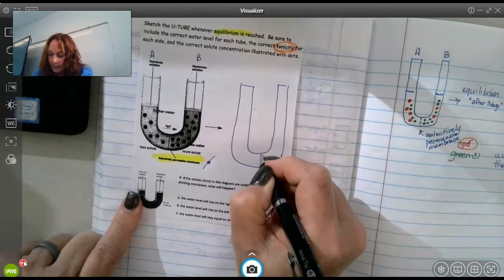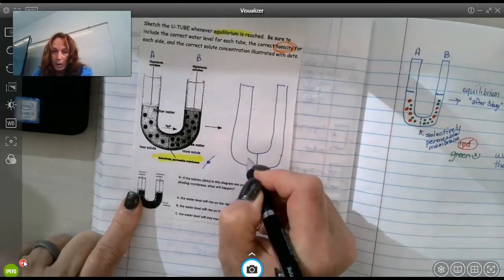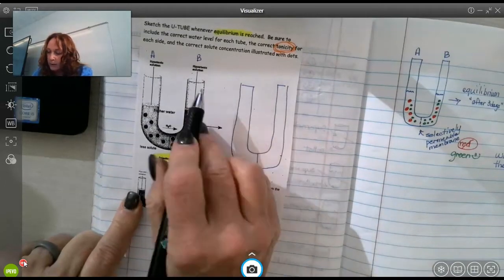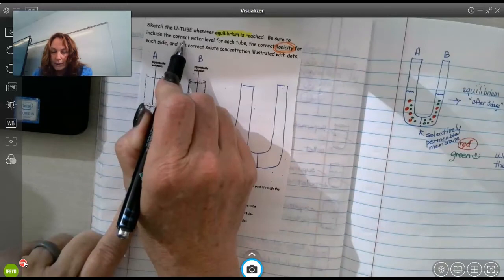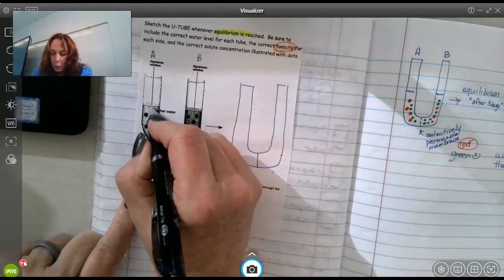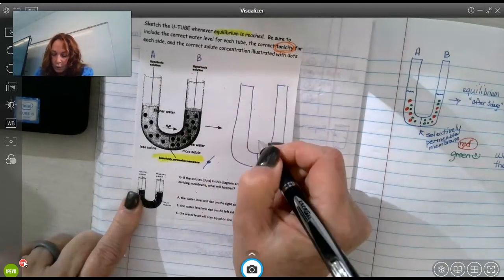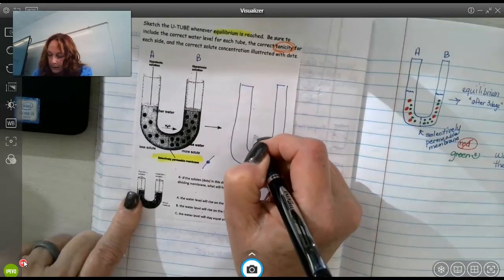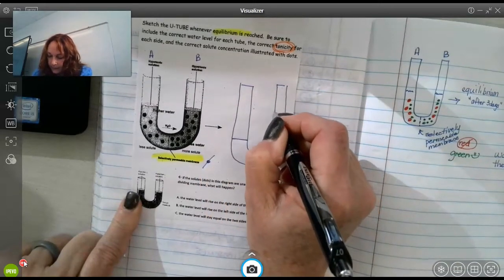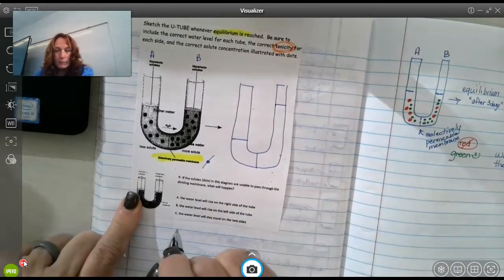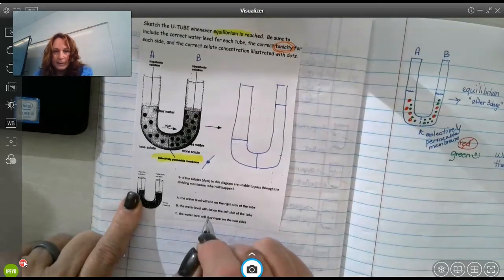So what will happen, draw my membrane, I'm not worrying with dots. They only asked me for the correct water level. So the water will move in this direction, and I will have more water on the B side.